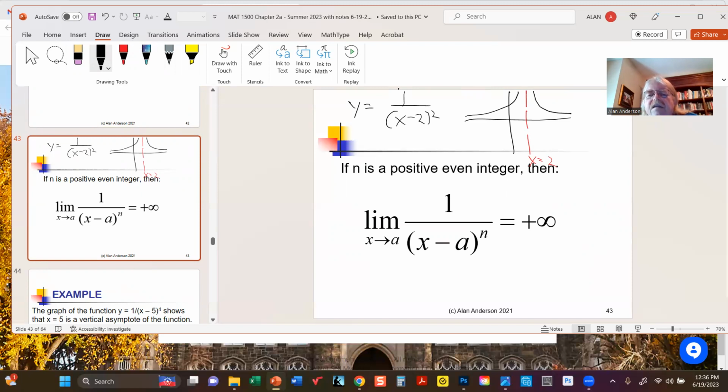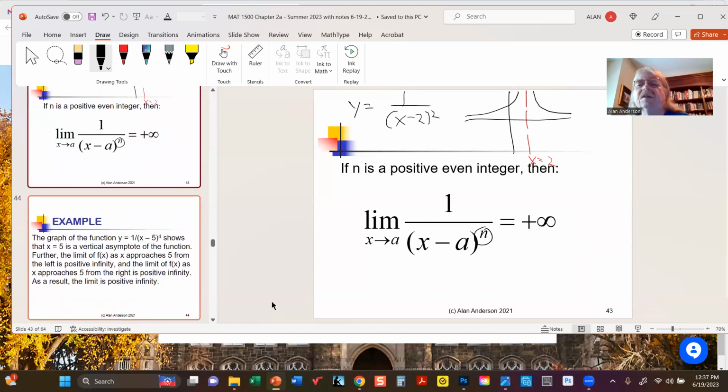And so you can see in this case, we're going to have positive infinity from either direction. Now, as a rule of thumb, in our case up here, the exponent is 2. If it had been, let's say, 3, then the entire graph would be reversed and you'd end up with something different.